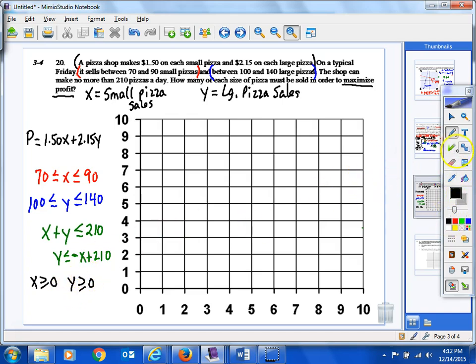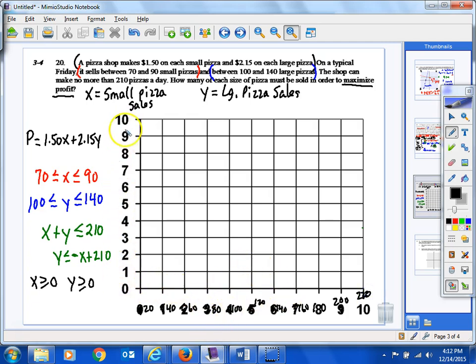Okay, now I'm going to change my units into 20s, so maybe just to make these less confusing, we'll mark these numbers out and do 20s, 60, 180, 200, and 210 or 220.